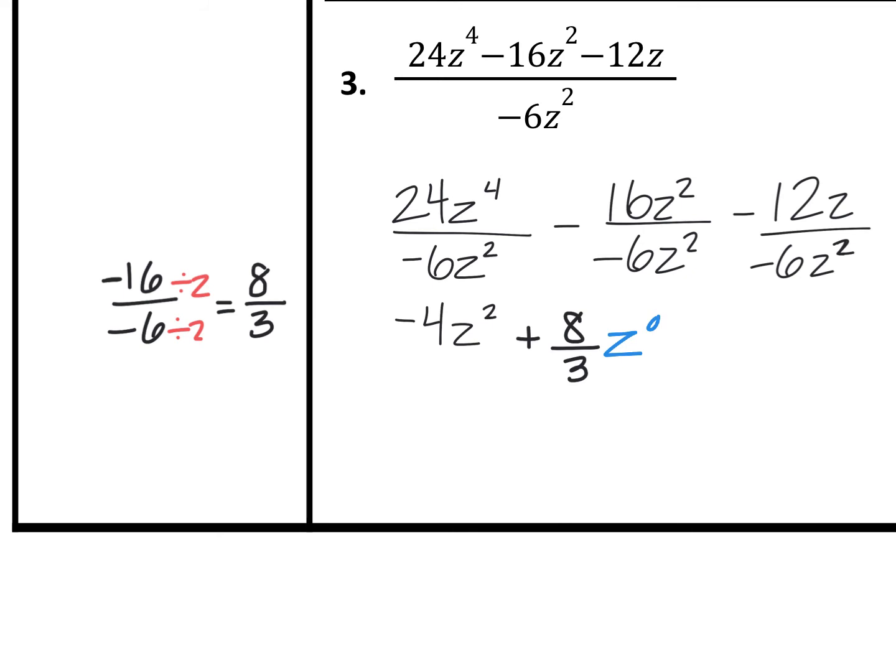Okay, and your last term is also kind of fun. Negative 12 divided by negative 6 gets us, ooh, be careful. What's the sign going to be? Plus 2. And this is why this one's interesting. You have a 1 on the top and a 2 on the bottom. So you have to do 1 minus 2.